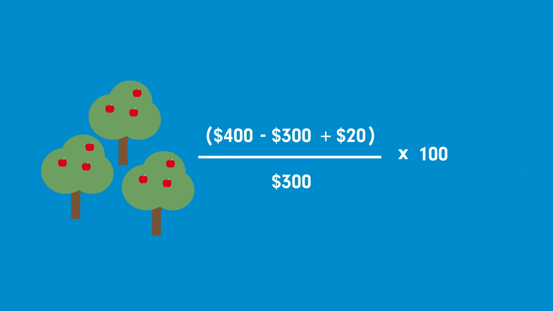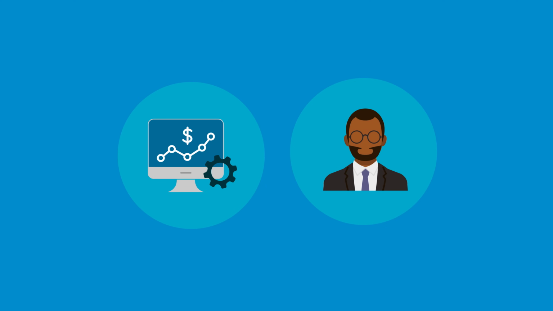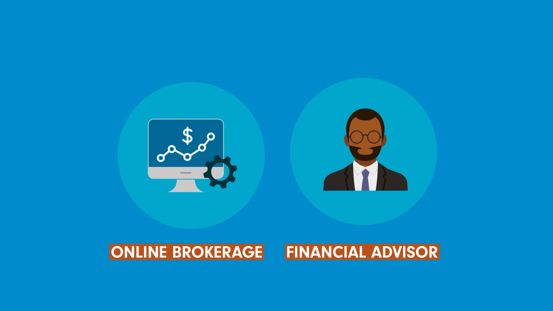Lastly, multiply by 100. This would give us a return of 40%. If that was a bit much, no worries. Most investors would likely be using an online brokerage tool for investing or a financial advisor, where the value of your portfolio is typically outlined for you. No need for those calculators. Technology takes care of everything these days.